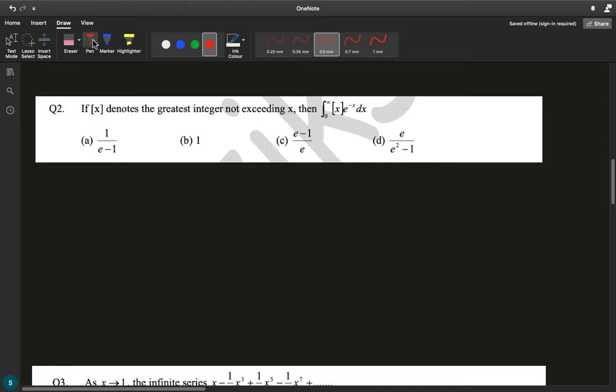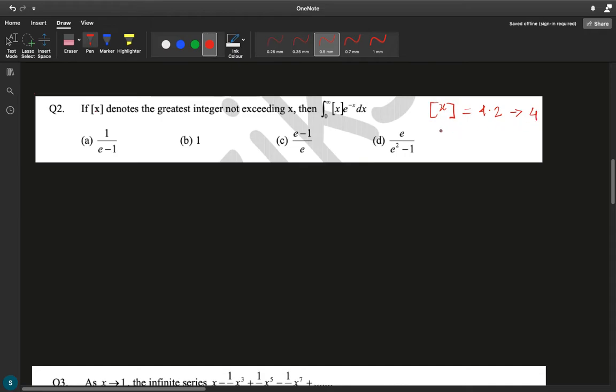We already know what the box function is. If you have studied well in class 12, then you probably know that the box function of x takes only integral values. If the value of x is like 4.2, then the value of the box function is 4.